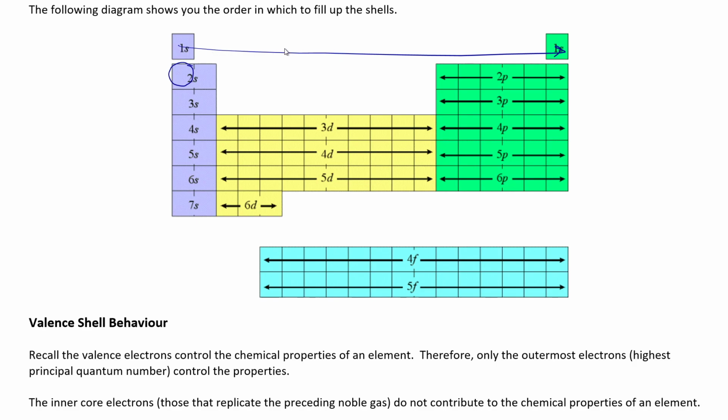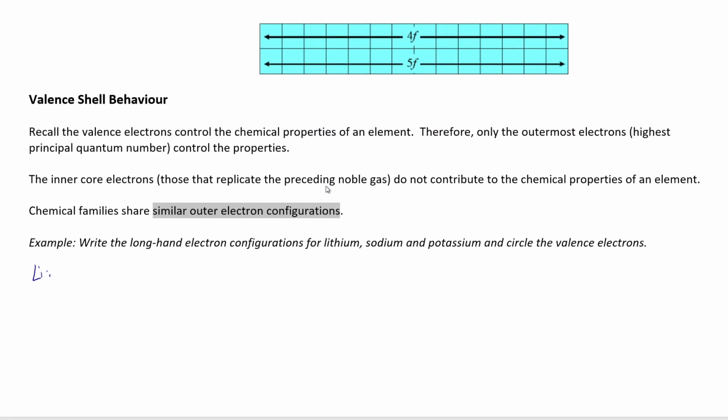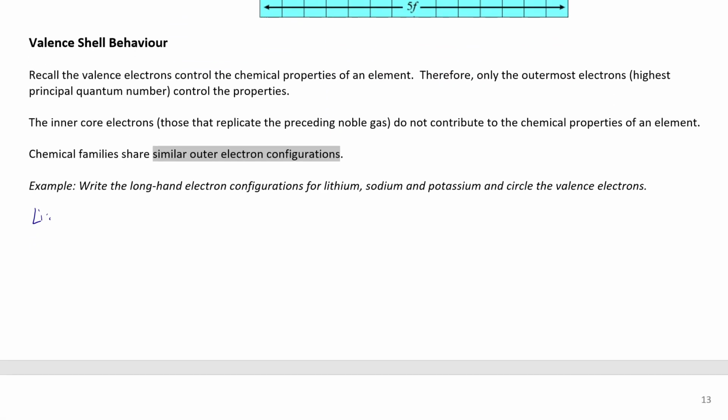So we go 1s2 and then 2s1. Because we are only at this portion, we stop right here. So 1s2, 2s1. Let's take a look at sodium now.